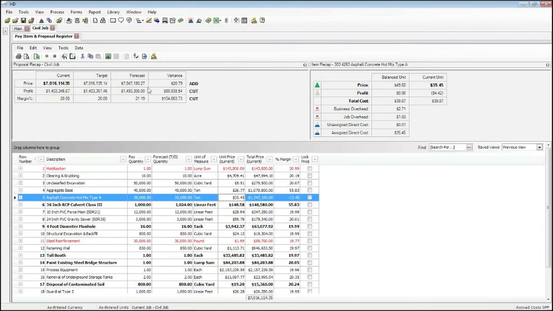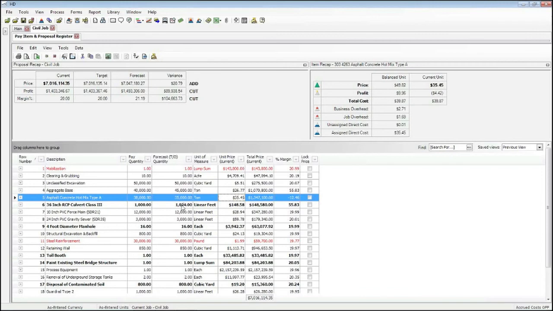But my forecasted profit, which is based on my forecasted quantities, the way I think it's going to go, is actually $1,493,000. So I have $89,000 in additional profit that I will obtain if it does overrun and underrun the way that I think it's going to.